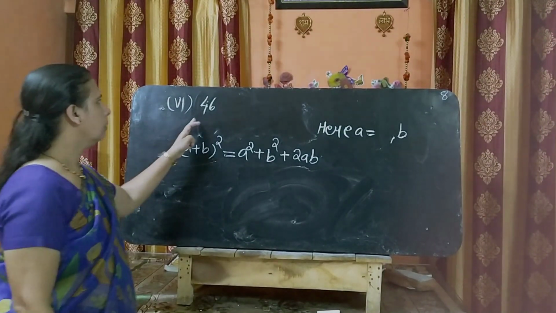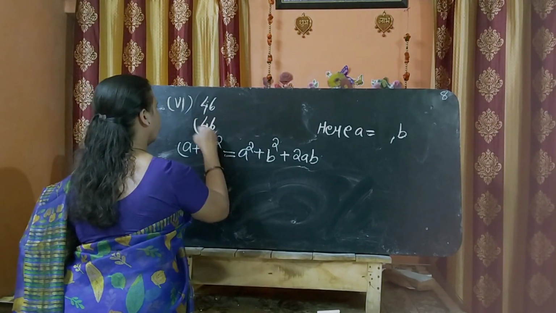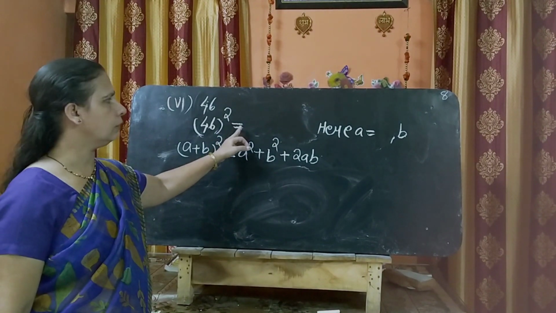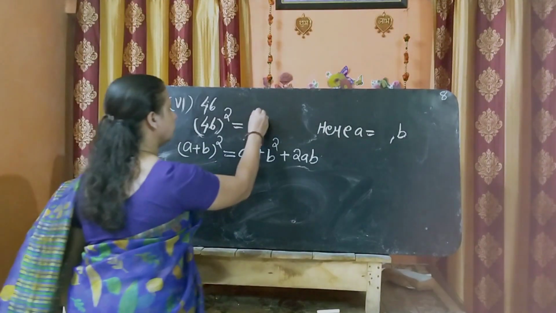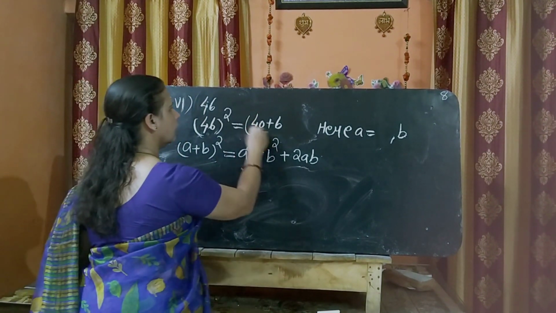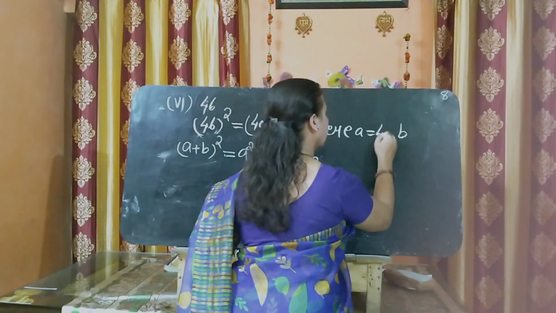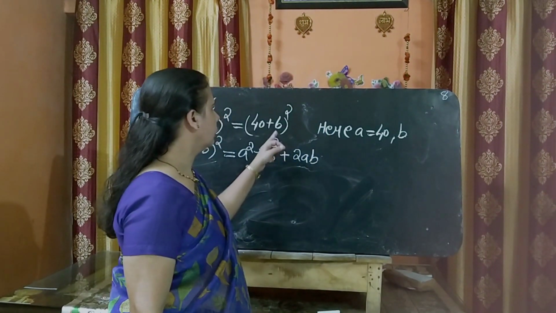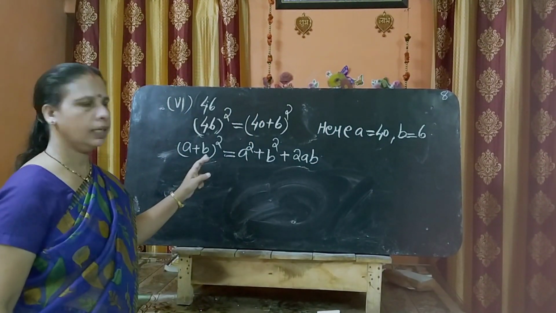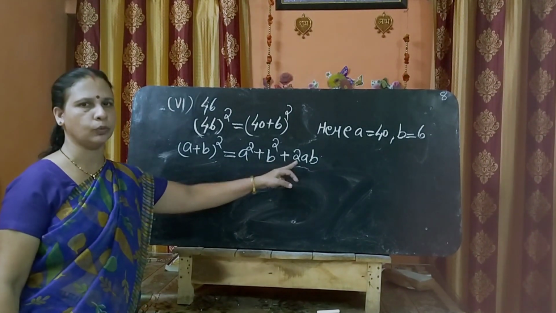Next part is 46. Here 46 the whole square equals, expand 46, that is 40 plus 6. 46 square, 40 plus 6 the whole square. Here a equals 40, b equals 6. Then use the identity a plus b the whole square equals a square plus b square plus 2ab.